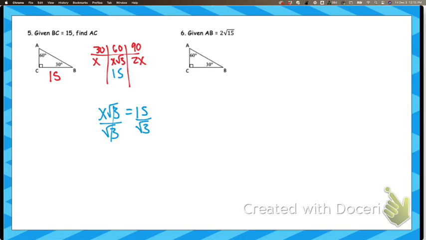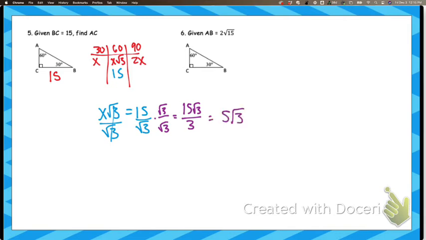So the way I get the square root out of the bottom is I multiply the top and bottom by root 3. Again, if you plug that into the Casio, it'll do this part for you, but again, it's good to know. So this is 15 root 3 over 3, which we can simplify because 15 divided by 3 is just 5.